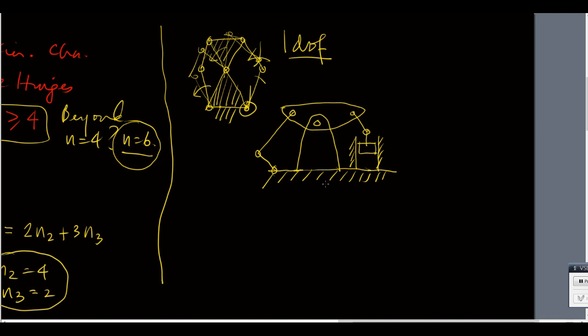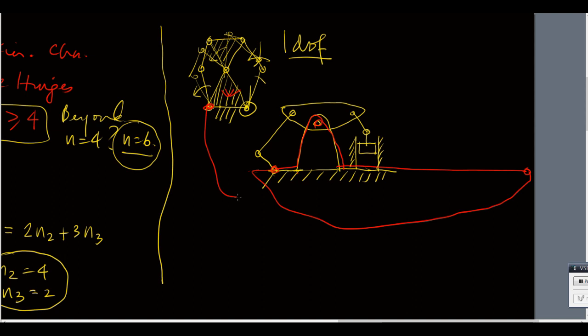So let me show you. If I think of this part at infinity, right? I think of this hinge here, this hinge here. That's my big ternary link. That's this one. This hinge, sorry, it's here.